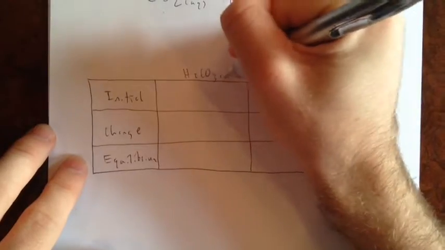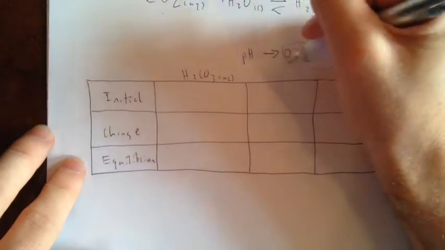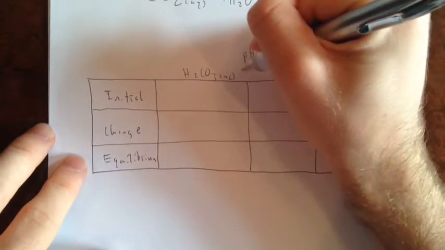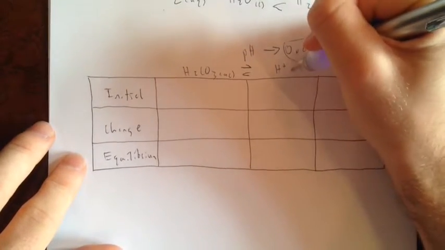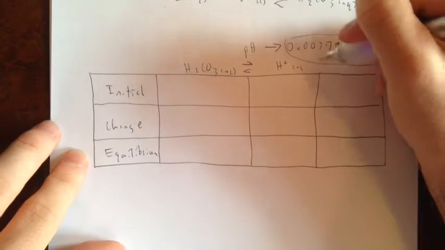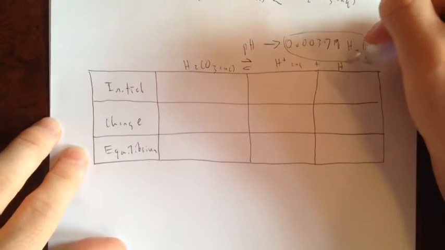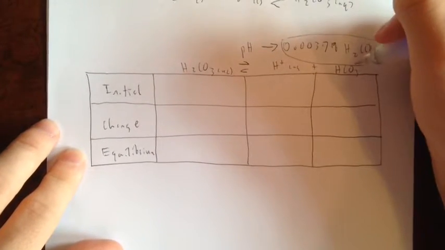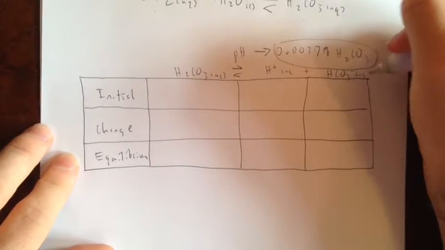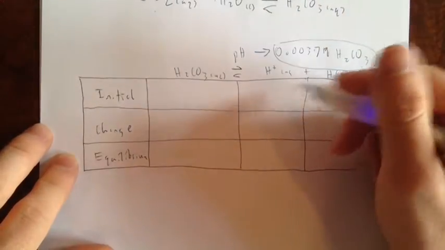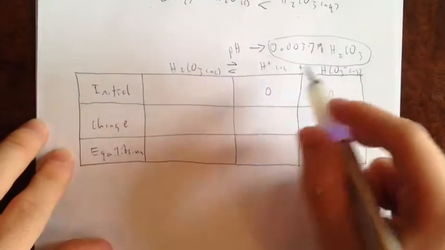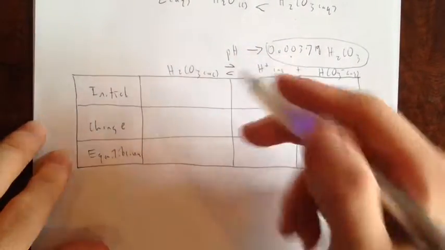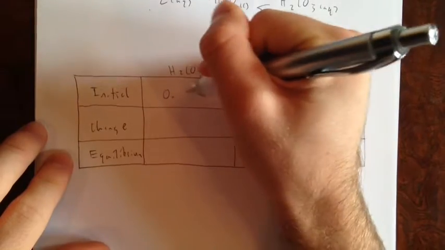The equation for the first dissociation of carbonic acid may be written here. From carbonic acid yields a hydrogen ion and a bicarbonate ion. The initial concentrations of the H plus and HCO3 minus ions are 0.